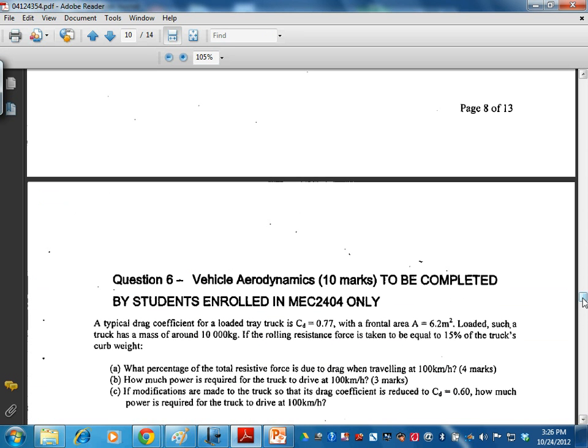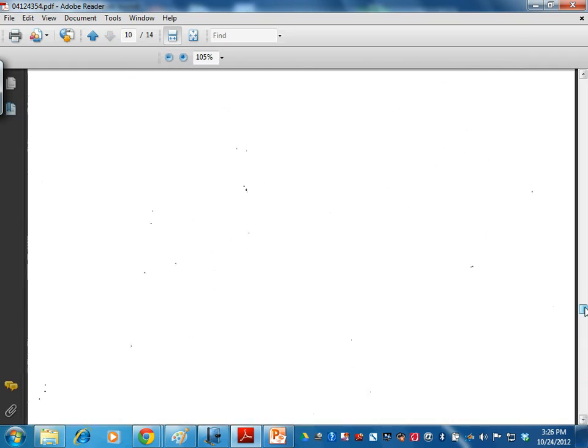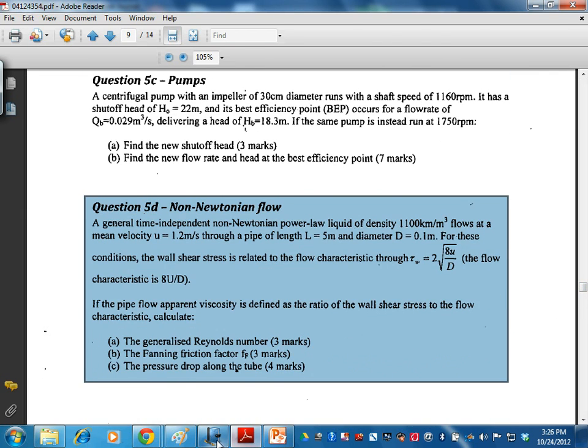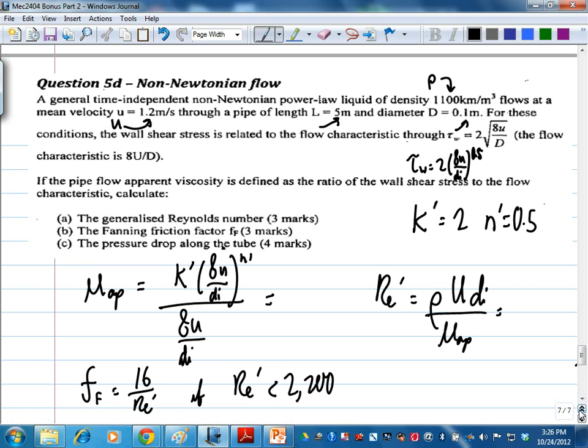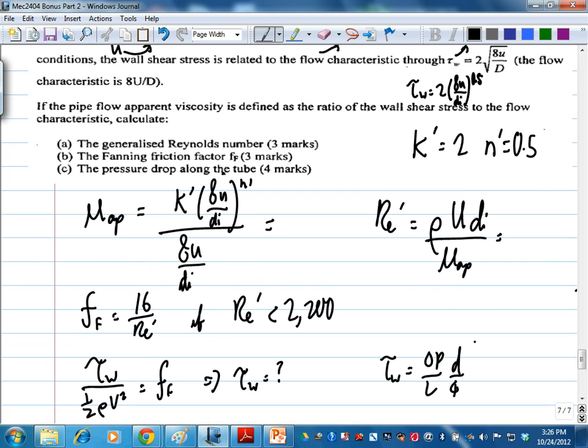I have a strong feeling. Okay, and then if that is the case, shear stress on the wall over half rho U squared is equal to F fanning. Therefore, shear stress on the wall equals to delta P D over 4L. Therefore, delta P equals to what?